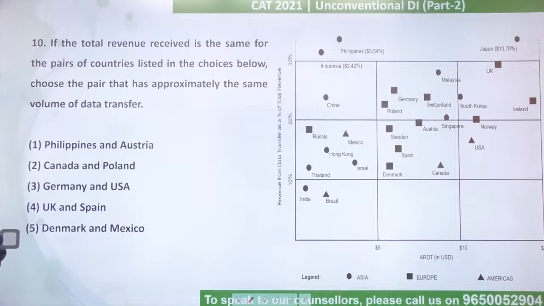Good, Vaishnavi. Sarbani says 5. Very good, Sarbani. Let's see. Any other answer? Kriti Jain says 1. Okay, Kriti Jain, great.